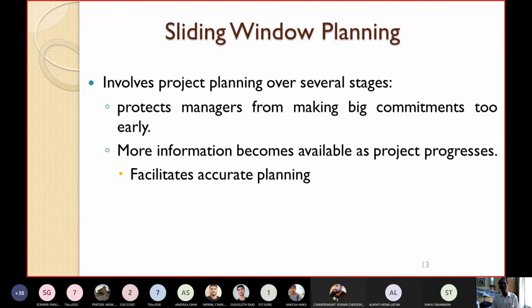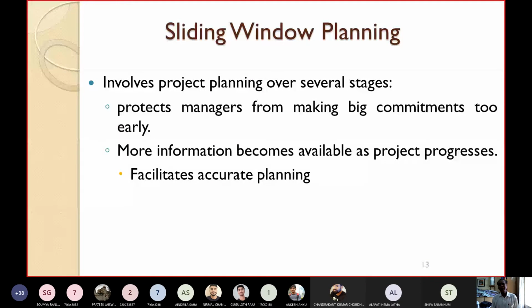Sliding window planning involves project planning over several stages rather than making the planning in one stage. If you make the plan over several stages, what advantage will you get? It will protect the project managers from making very big commitments too early to the customers.